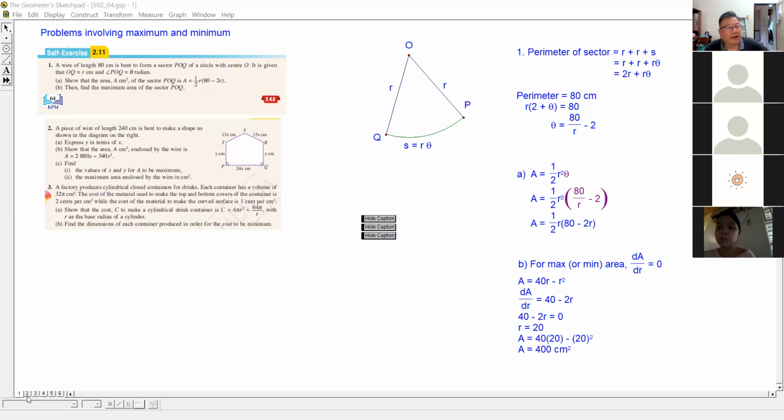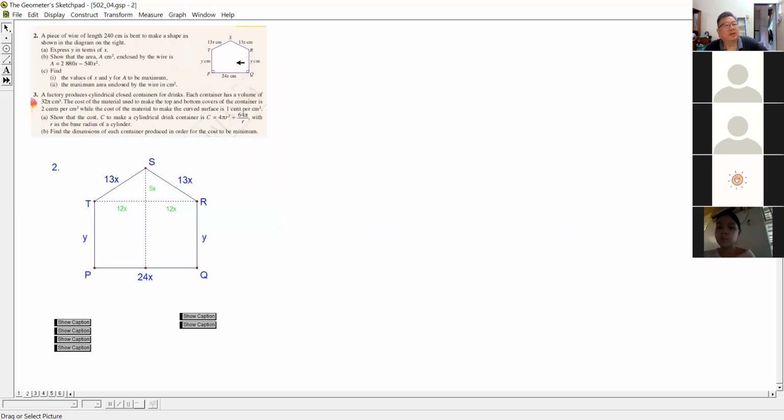Next, we're going to look at question number 2. A piece of wire of length 240 centimeter is bent to make a shape as shown in the diagram on the right. So again, this question is like our previous question.